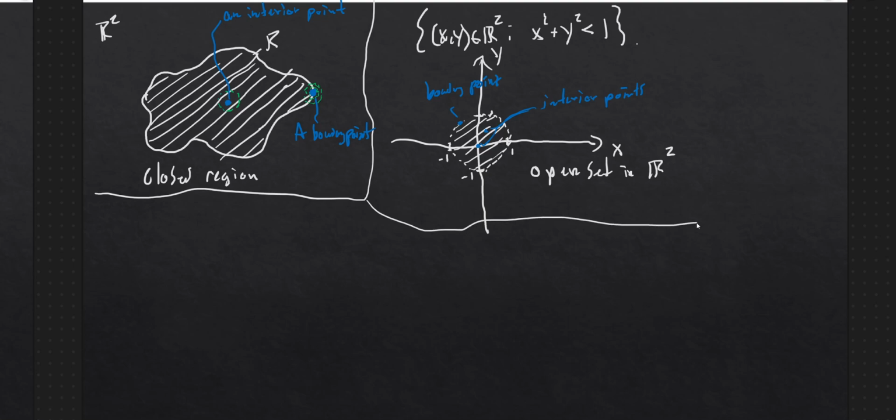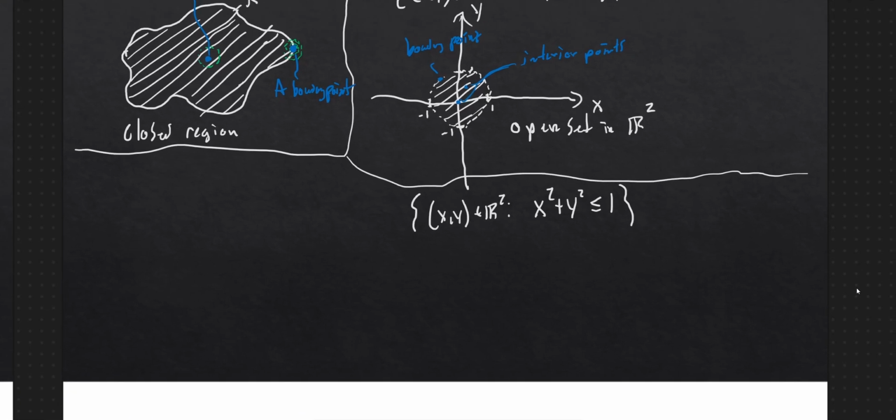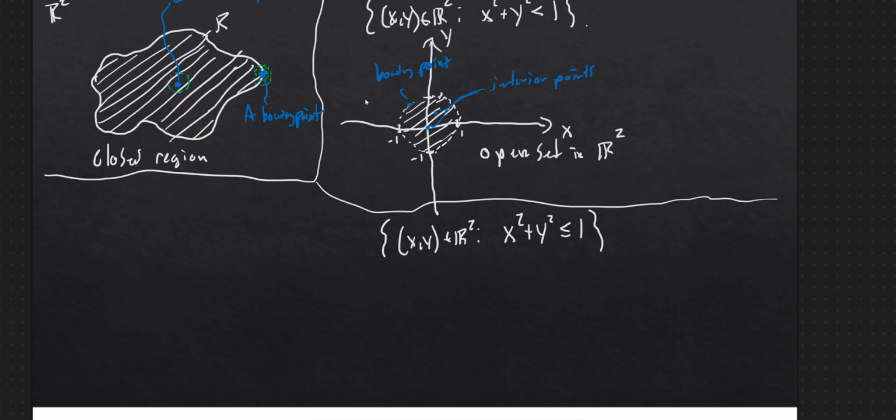How about a closed set? So if I were to do the set of (x, y) in R2 such that x squared plus y squared is less than or equal to 1, then this is another unit disk, right?